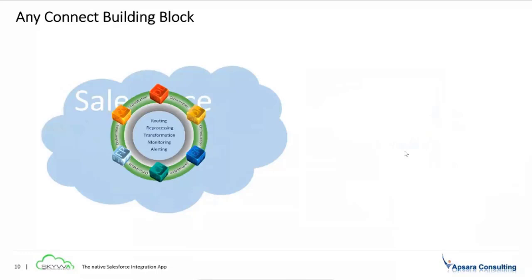We can do the routing with our workflow. Then we have here the Any Connect, the agent, which, technically speaking, is based on a Spring Boot container. So we are using the latest Java technology. And here the API listener is building the communication bridge to the Salesforce side.